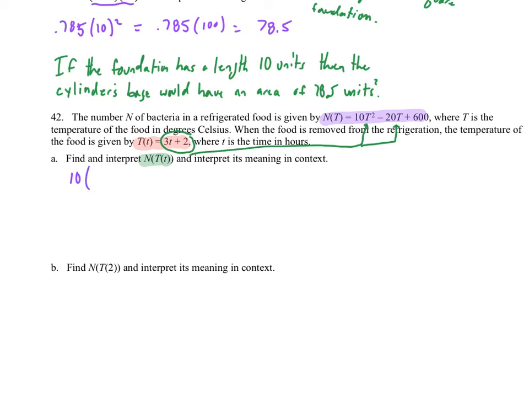So that would be 10 times 3t plus 2 squared, and then minus 20. Then we replace another t, so 3t plus 2, and then plus 600. This looks kind of weird here, so fix that: 3t and then a plus.